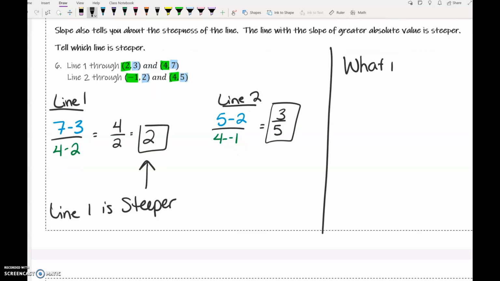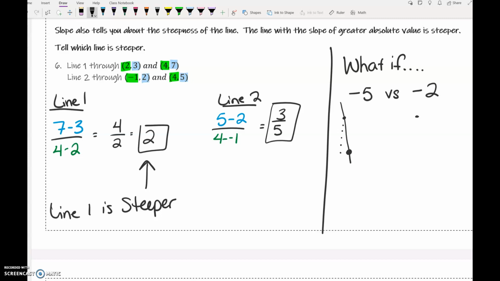What if you had a slope of -5 versus a slope of -2? Which one is steeper? Negative 5 would be going down 5, right 1.